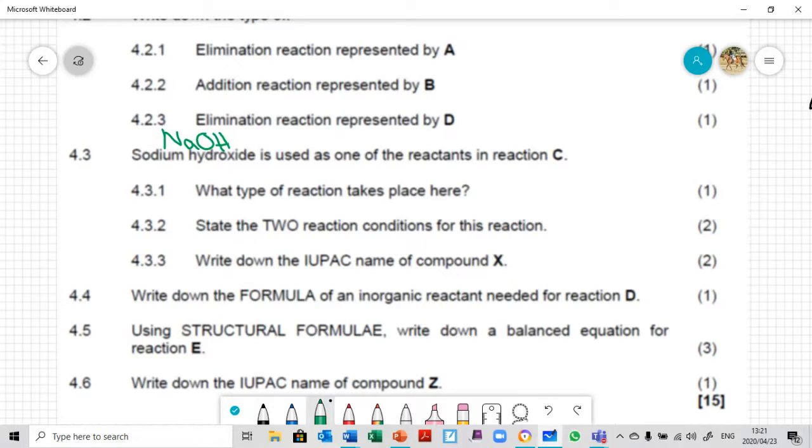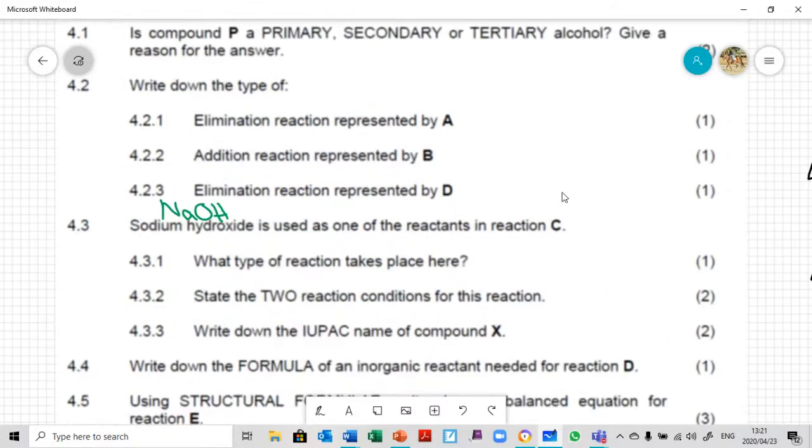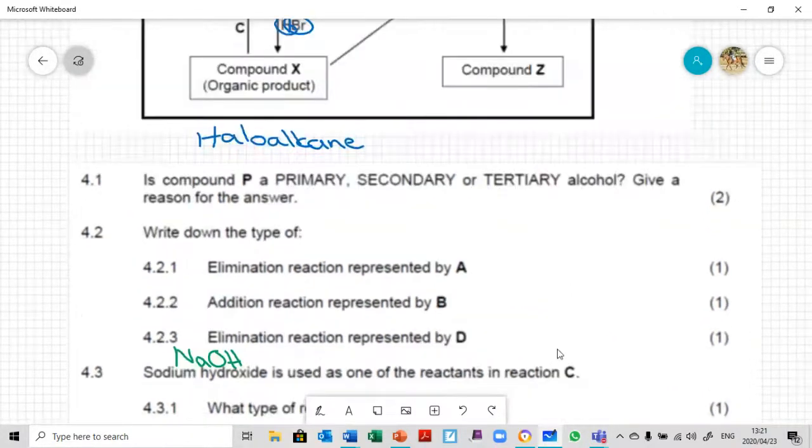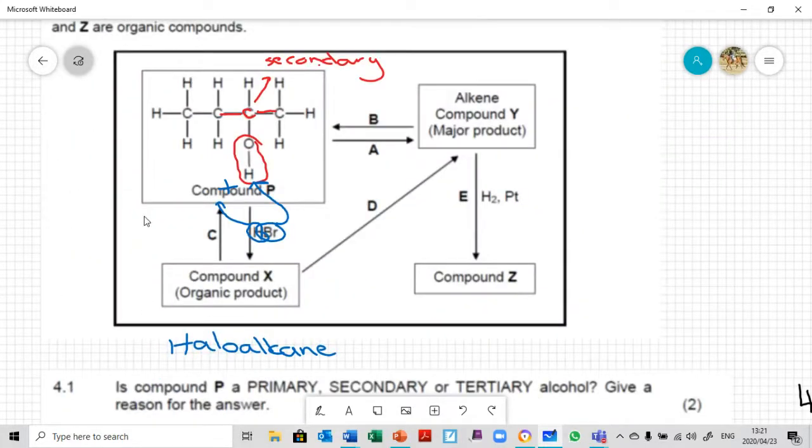Okay. Sodium hydroxide is a strong base. Let's have a look at reaction C. Reaction C is when we go from a haloalkane back to an alcohol.